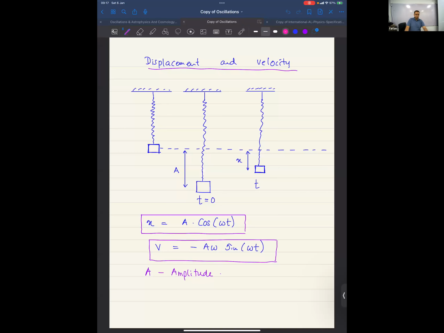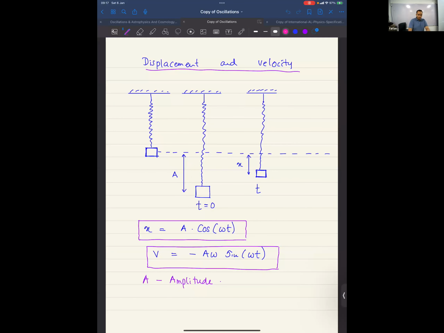Because now, let's say there is an object attached to a spring, and this is the equilibrium position. Then you pull it down to this position, so this distance becomes the amplitude. At t equals 0, when the time is 0, you release it. When the time is t, let's say it has a displacement x from the equilibrium point.